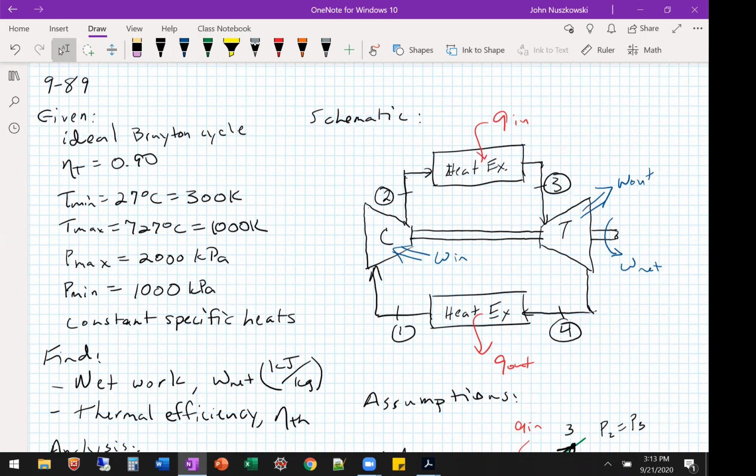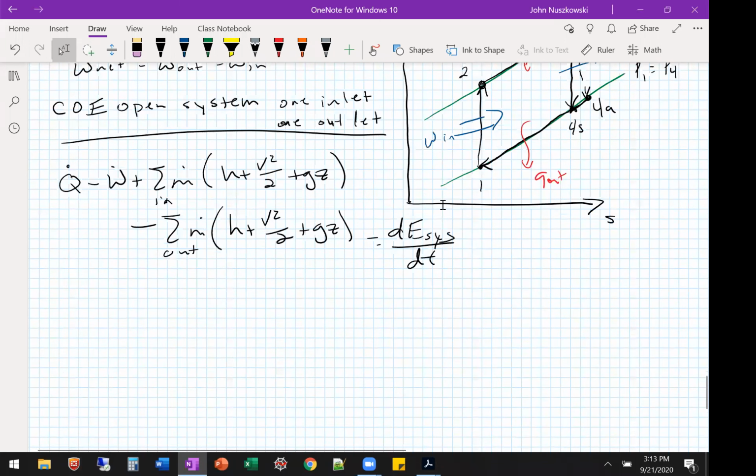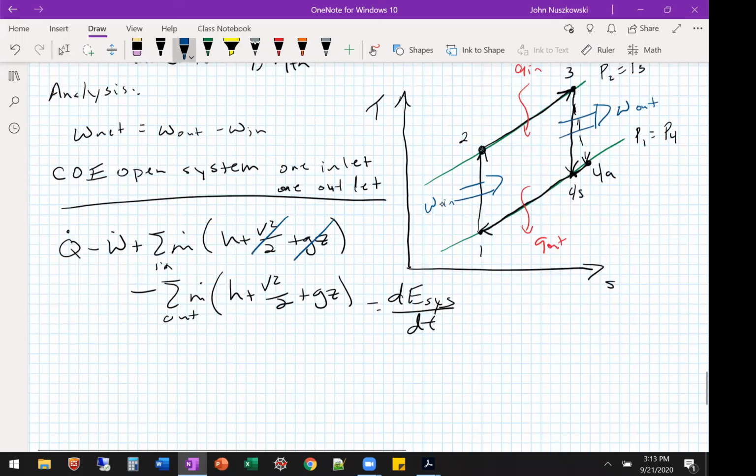Kinetic and potential energy. So we can get rid of kinetic and potential. And then a steady state system. Yeah, and then we have a steady state, right?